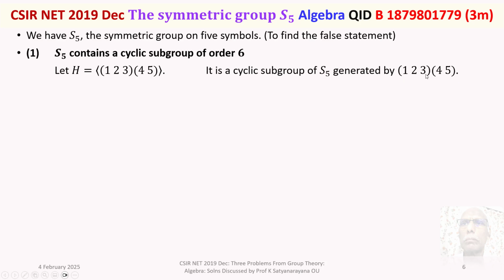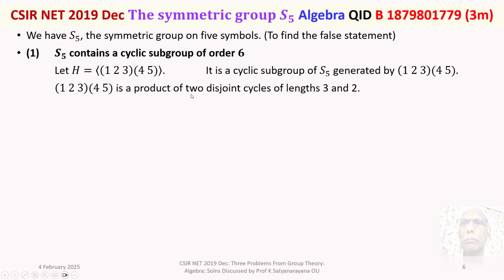The first cycle is (1 2 3) of length 3. The second one is a cycle of length 2, (4 5). And this is a product of 2 disjoint cycles. So this is the first cycle, this is the second cycle. There is no element common between them.